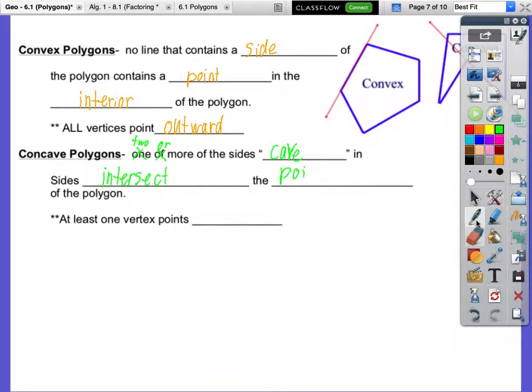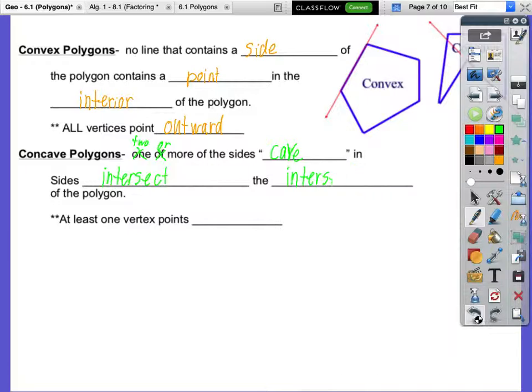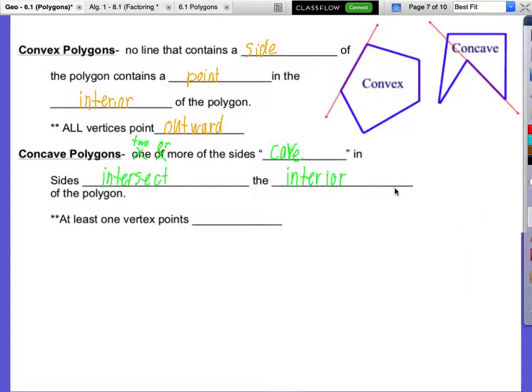Give me the interior of the polygon. I shouldn't draw a point there. Guys got me all messed up right now. Okay, what are you doing? I already read it. There we go. What's going on in your advisory?